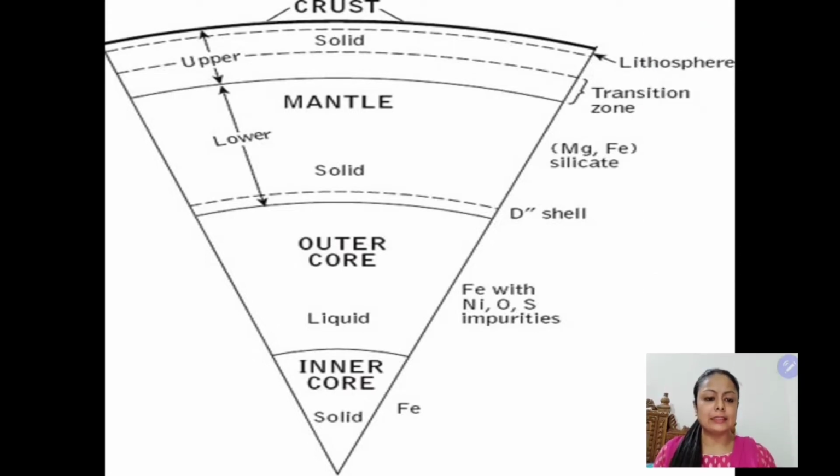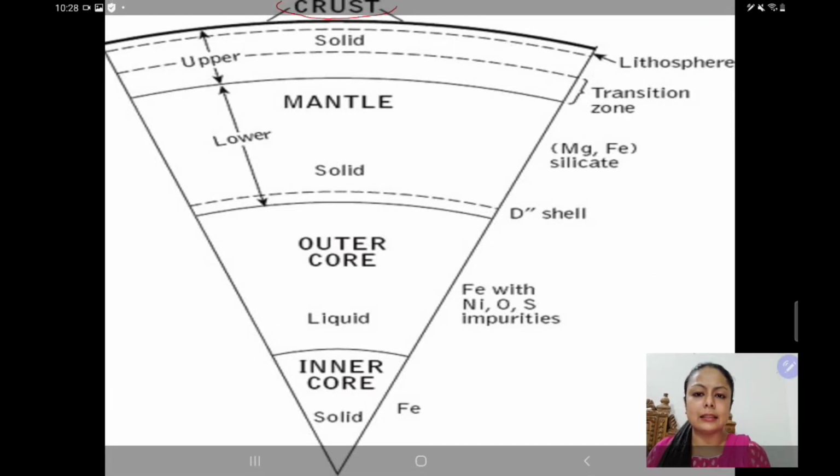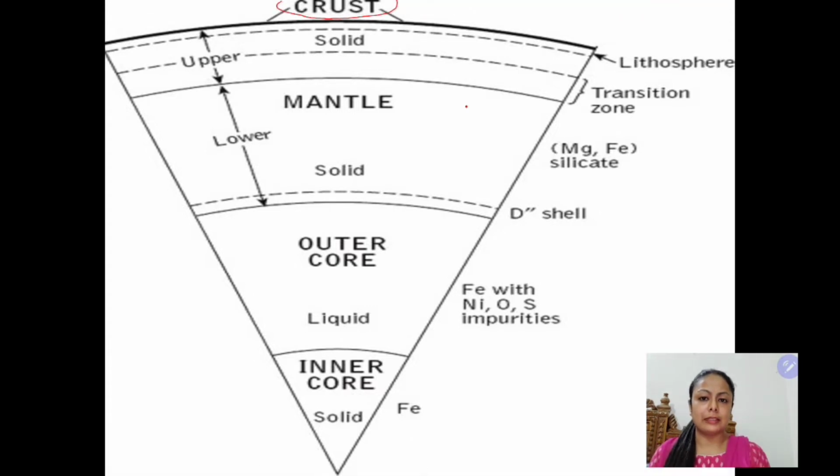If you see this diagram, you can see the crust is the uppermost or the outermost layer of the earth. Here you can see this is the thin layer which is solid in state. Now next is the mantle.